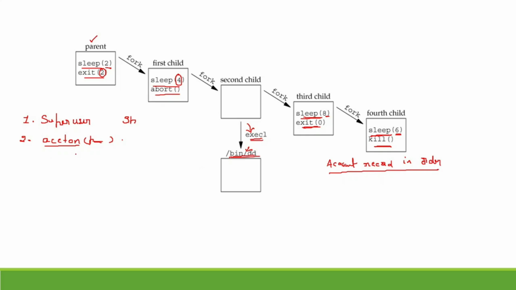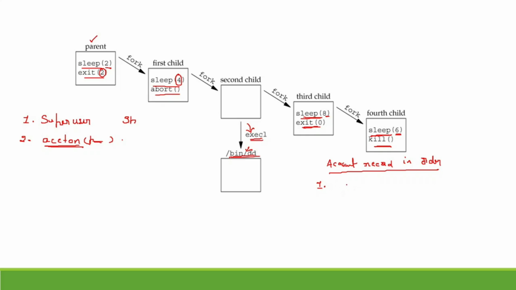As soon as I execute this ACCT command, the accounting of the processes starts. If you make a guess, what should be the first entry in the process accounting? Which process will have its entry first?